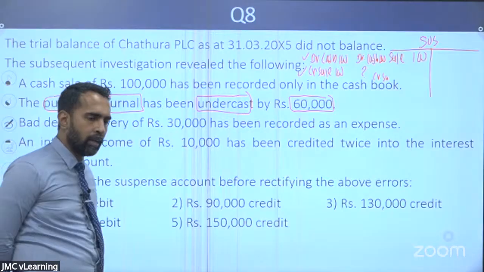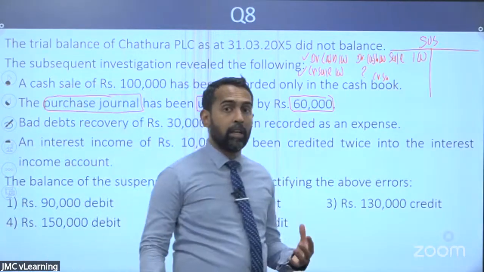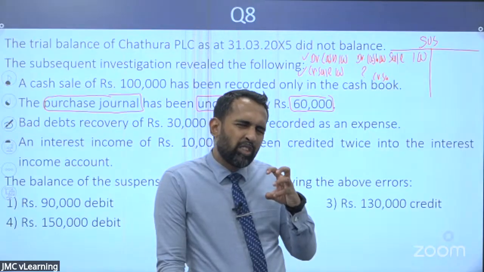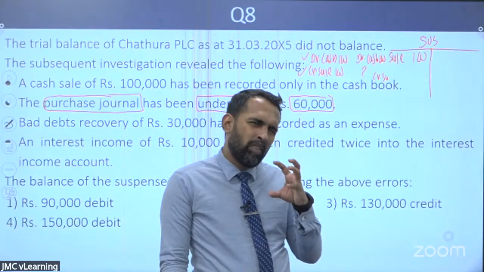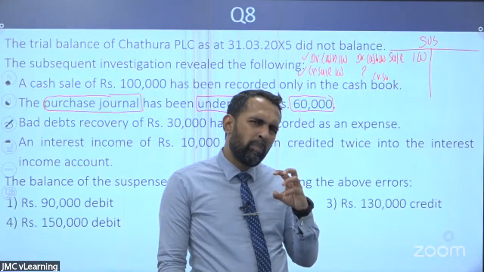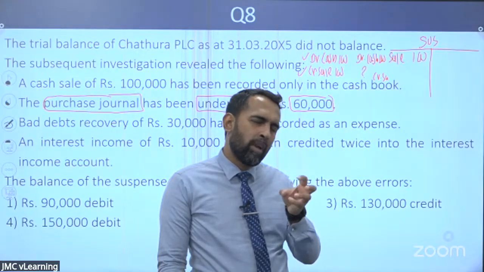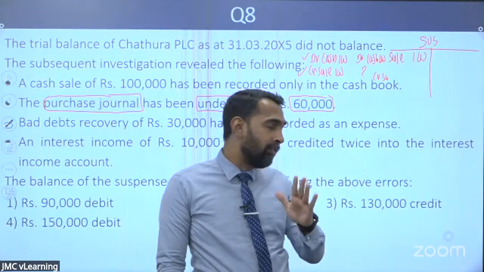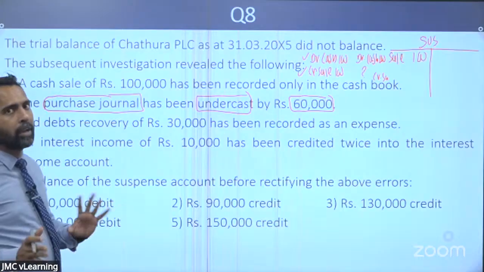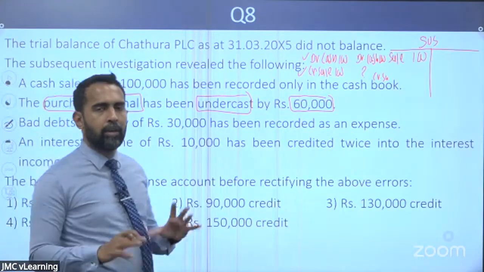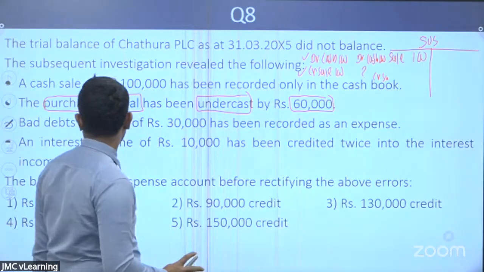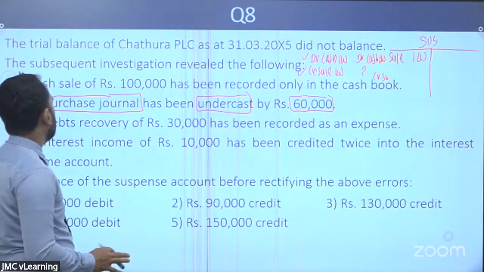When the total of the journal has been undercast, it will impact both accounts, both the purchase account and the creditor account. That will not impact the suspense account. The suspense account is affected if only one entry has an error, but here both entries have the error. Right. Look at the next one.